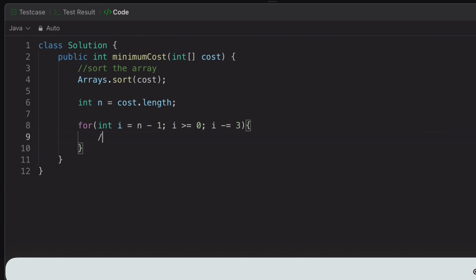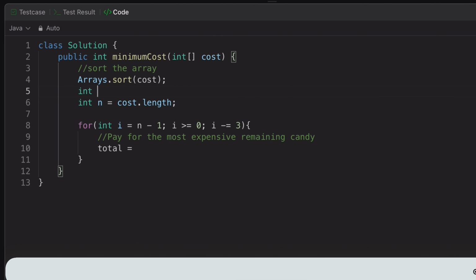Let's talk about the very first thing, that you have to pay for the most expensive remaining candy, right? How? You will just do total, so let's define total first, guys, here.